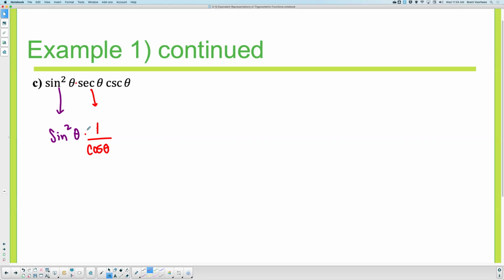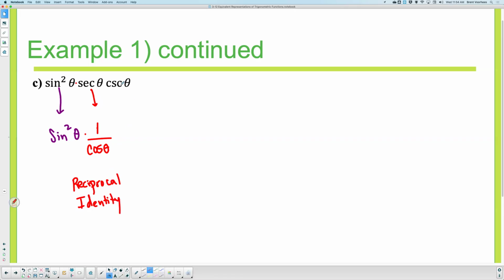What do you think about to know which one it is? Whether or not secant has a co. Does secant have a co? No. So when you take its reciprocal, it gains the co. Now, that's called the reciprocal identity right there. If you want to look back, where did I find that? That would be under the reciprocal identities.